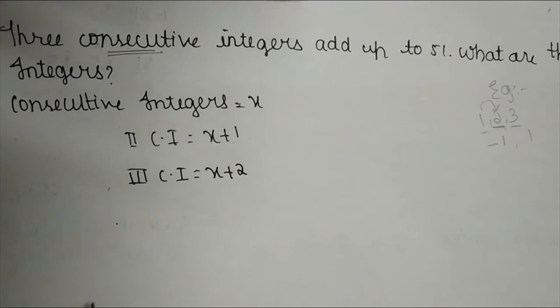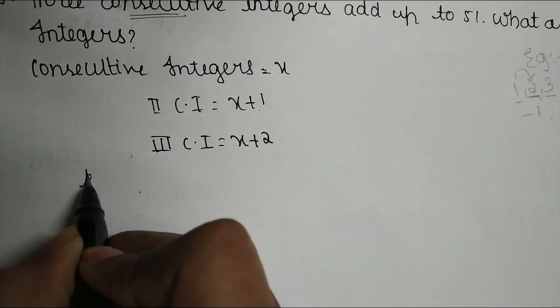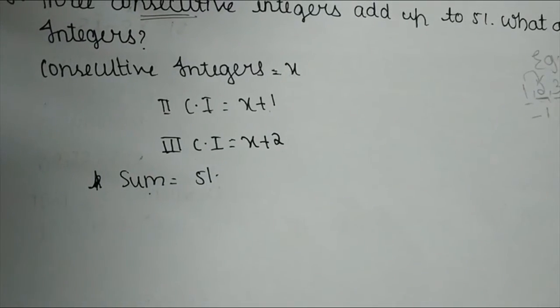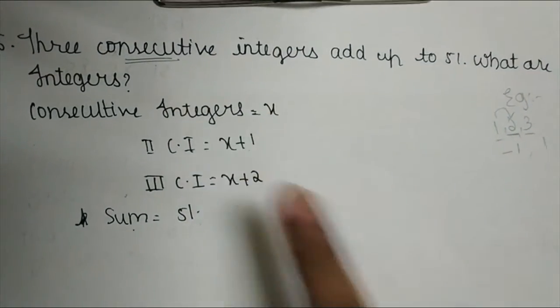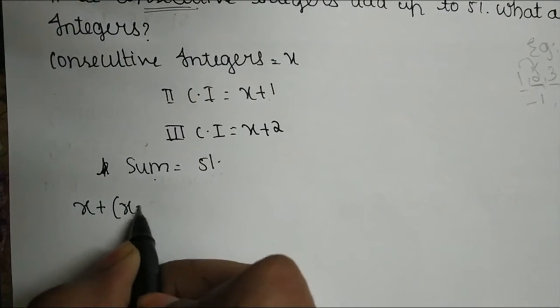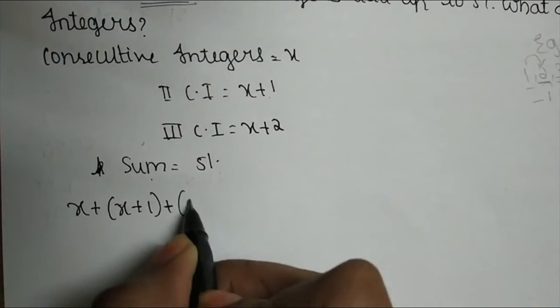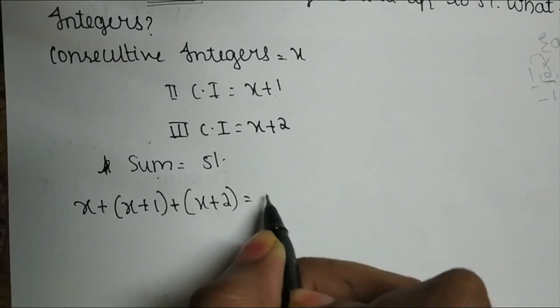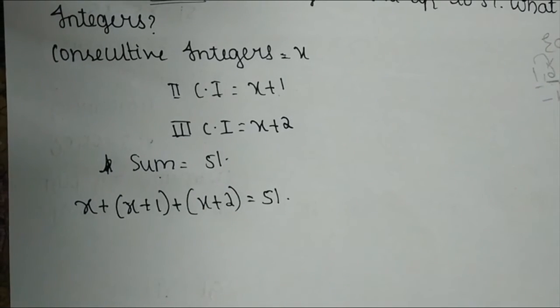Now when we add these numbers, we get the sum as 51. They're asking to find these integers. Let's keep them as an equation. When we add these 3 consecutive integers, we get 51.